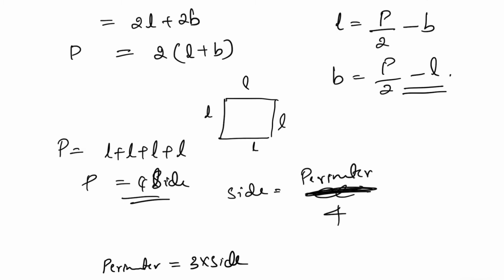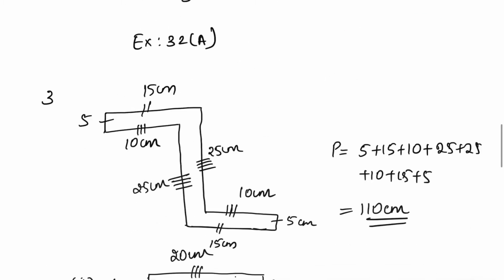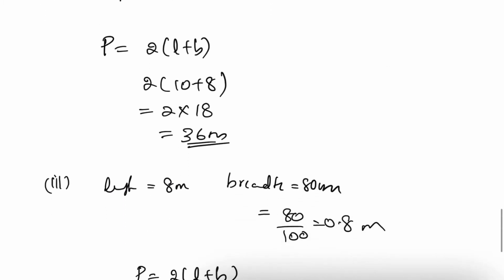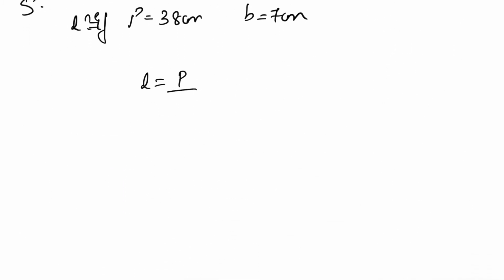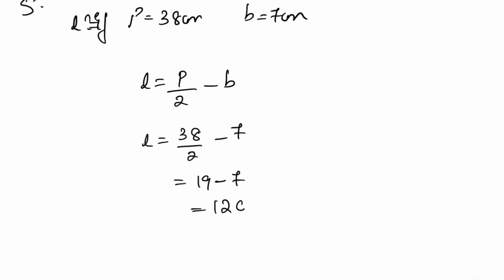We will be using the same formula. I have highlighted it here. Okay. So what will be the length? The length will be equal to P by 2 minus B, 38 by 2 minus 7, 19 minus 7 equal to 12.